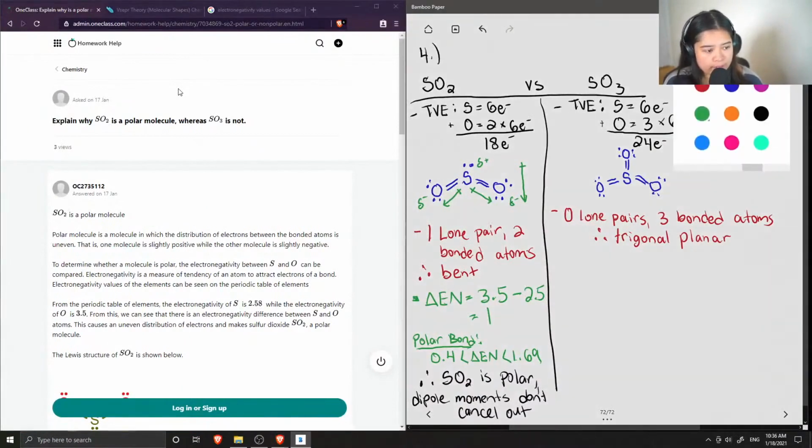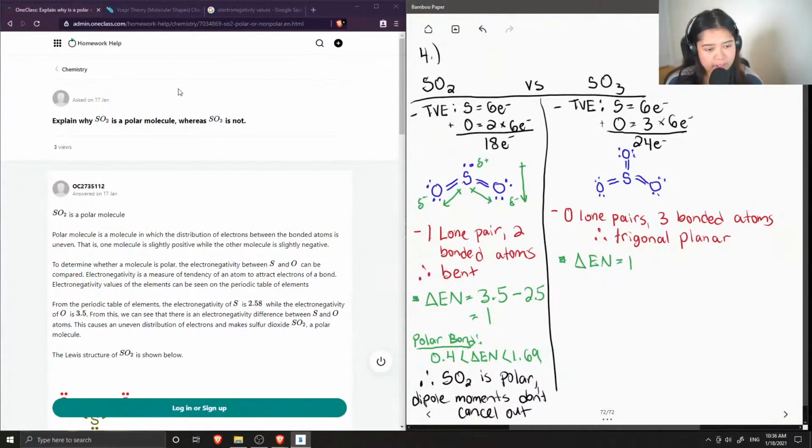So we don't need to calculate the difference in electronegativity since we already did that previously, but I'll just recall that the difference in electronegativity is 1. So again, you're going to see the same dipole moments going towards the direction of the oxygens. But this time there's no more lone pair on the sulfur, so all of these dipole moments will cancel each other out.